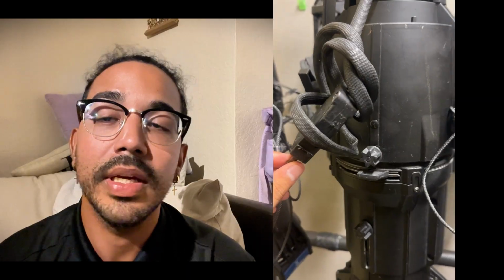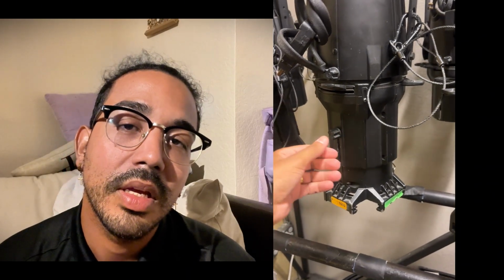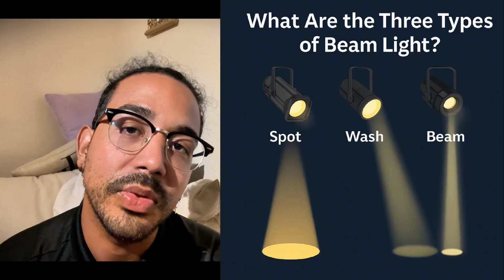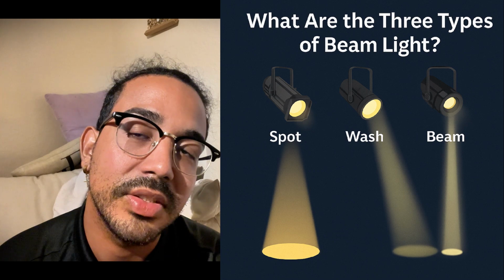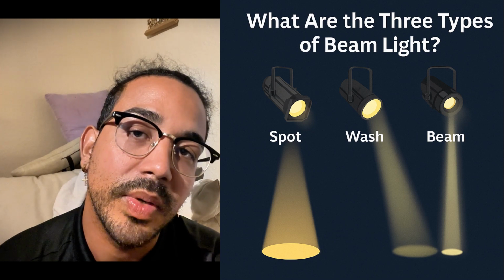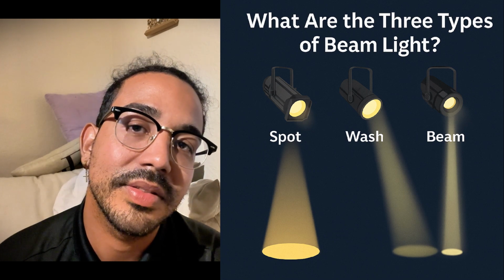But even better than a wash light, I don't know if you're going to agree with me or not, is having a Leko, an ellipsoidal, which is a spotlight. But the beauty of it is you can change your focus on it. When you change your focus, it turns from a sharp light into a more wash type of light.